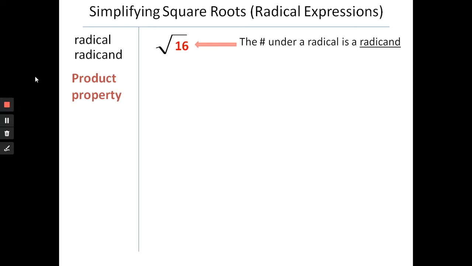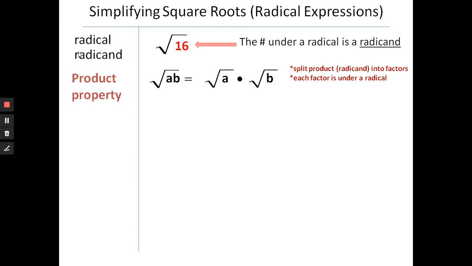Okay, so product property. The first type is the product property, and that says when you have a product underneath a radical, then you can split that product into two different factors, each one with its own radical symbol. Let me give you an example of how this would work.